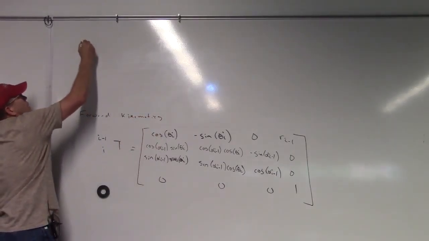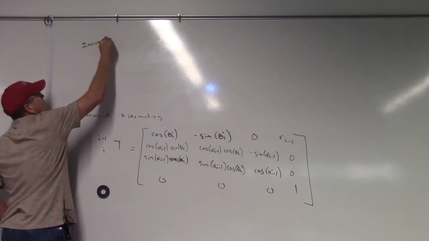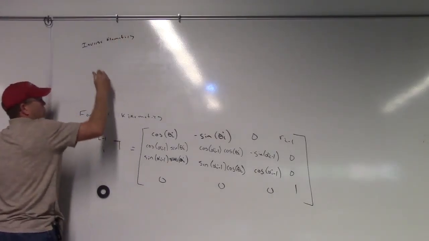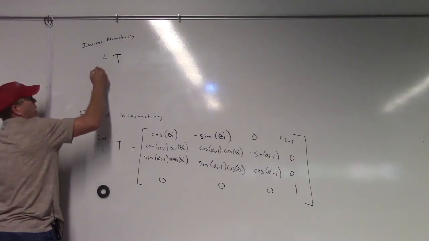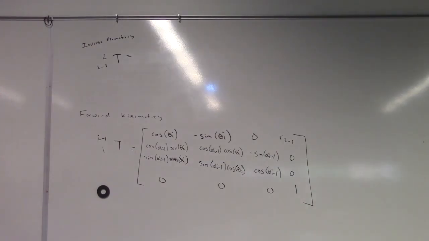Okay. The inverse kinematics would be the transformation that takes us from i back to i minus 1. What is that transformation going to look like?